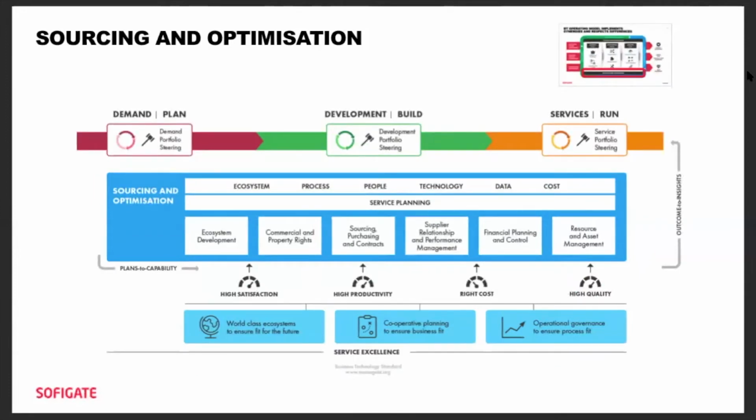So the sourcing optimization, this is an end-to-end discipline that manages the whole life cycle of both the business services and the vendor relationship. We need to be able to provide the right resources for the right purpose. We are looking at two separate purposes of this discipline. We want to be both creative and we want to optimize things. The creative part is where the traditional sourcing focuses on acquiring something at the lowest possible price point.